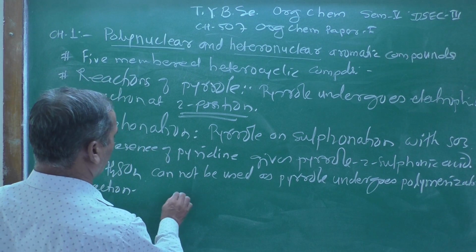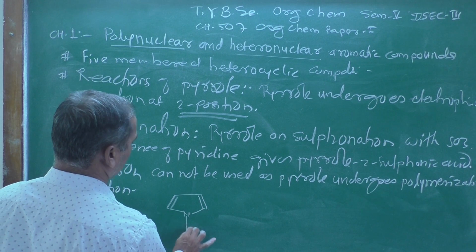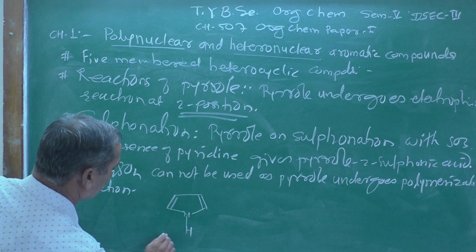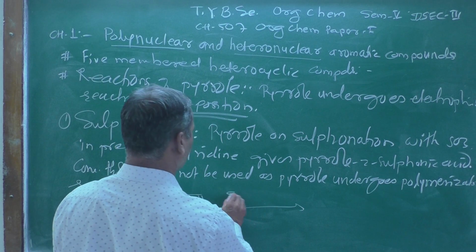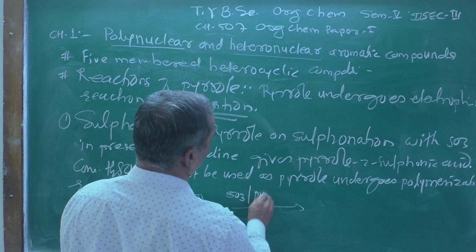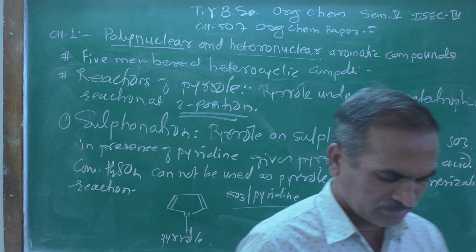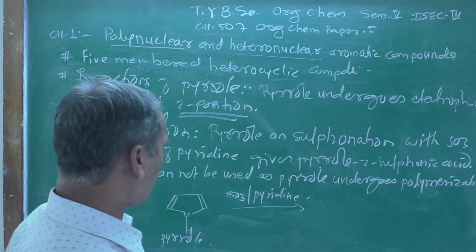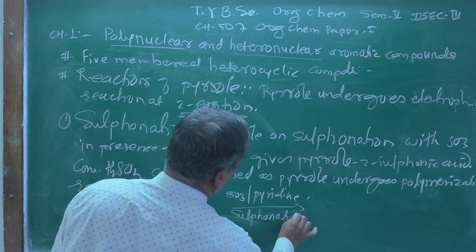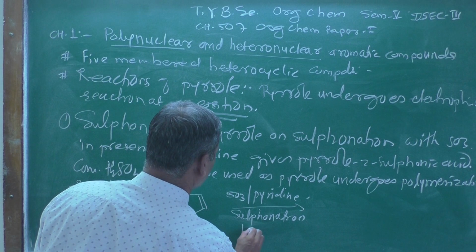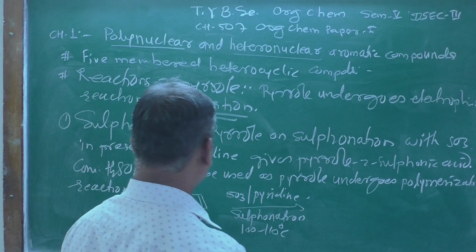Let's see here, the starting material is pyrrole. The structure of pyrrole, which I have shown over here, will be treated with SO3 in presence of pyridine, and the sulfonation reaction takes place. The temperature is once again 100 to 110 degrees centigrade.